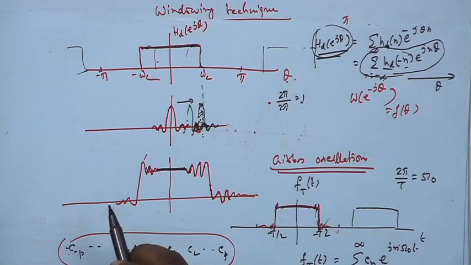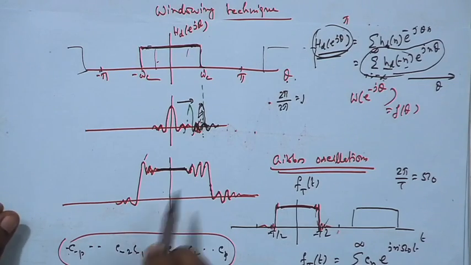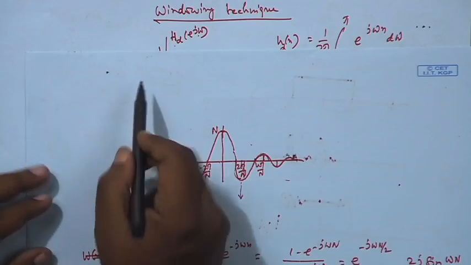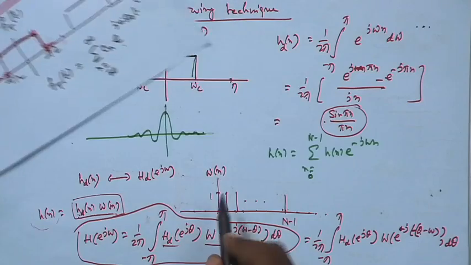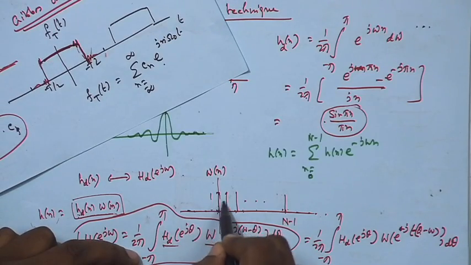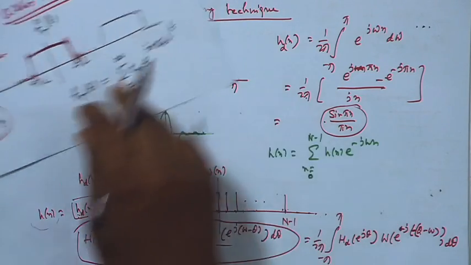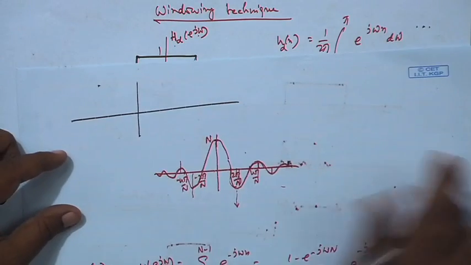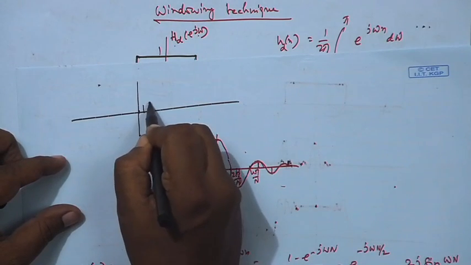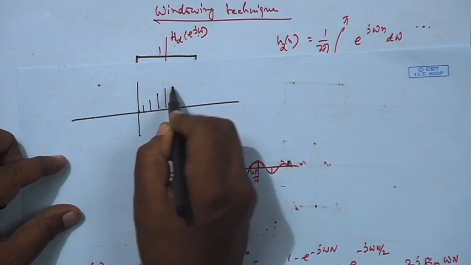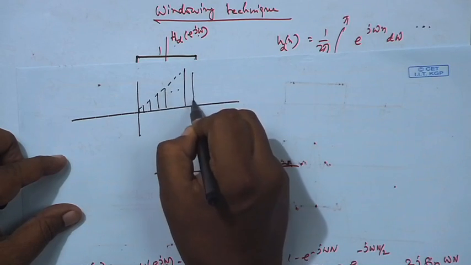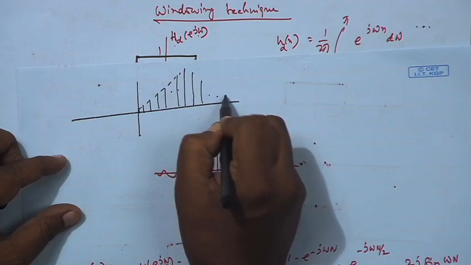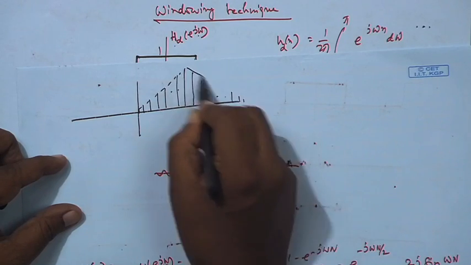This is to minimize this Gibbs oscillation. What they do then, instead of taking a rectangular window, is take a window which is not so abrupt. The rectangular window was abrupt, either 0 or 1. They make it smooth, maybe triangularly modulated, goes like this, like this.